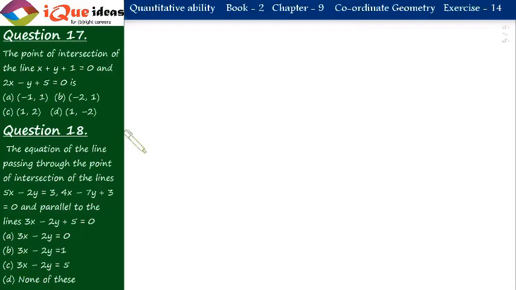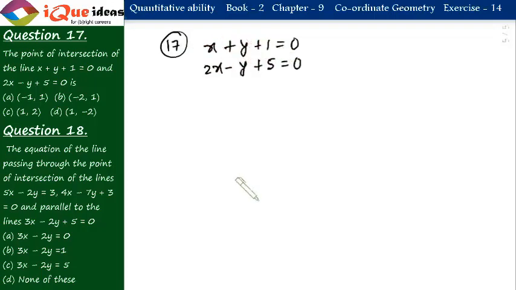Now the next question, question number 17, is the easiest of the exercise. It says find the point of intersection of the lines x plus y plus 1 equal to 0 and 2x minus y plus 5 equal to 0. Always remember, to find the point of intersection of two lines, the only thing that you need to do is solve their equations. Right?